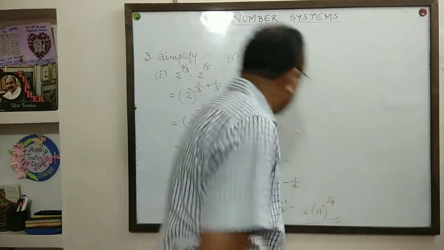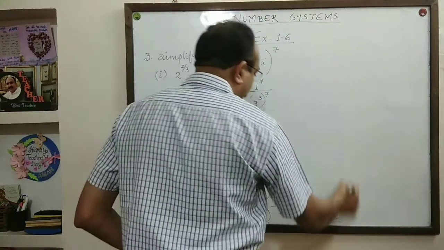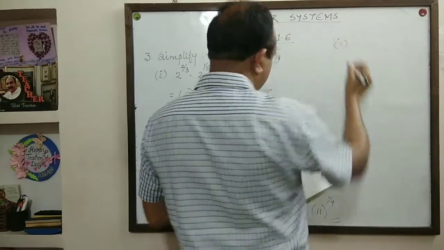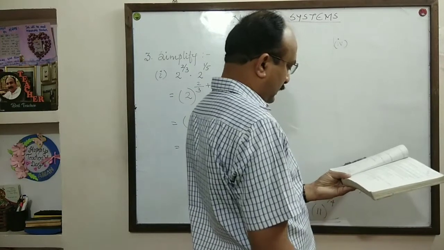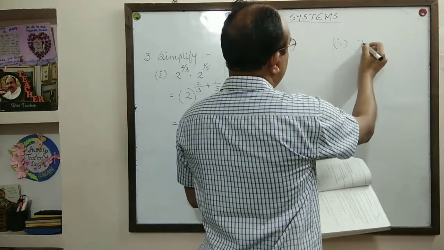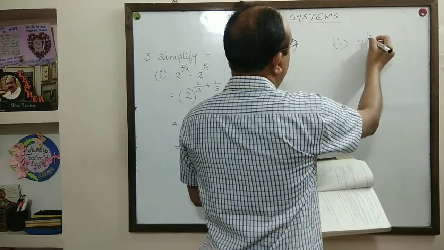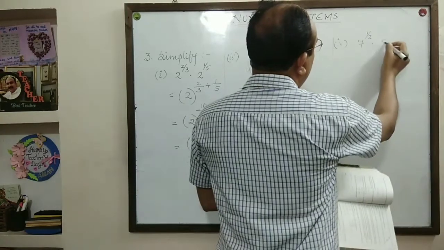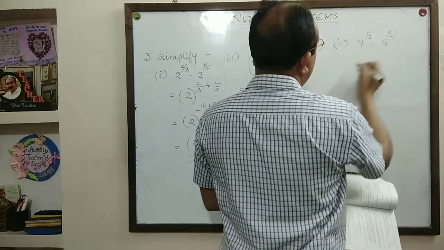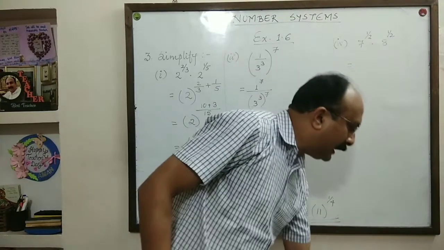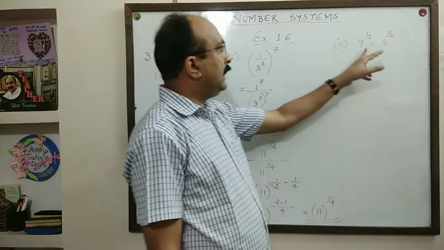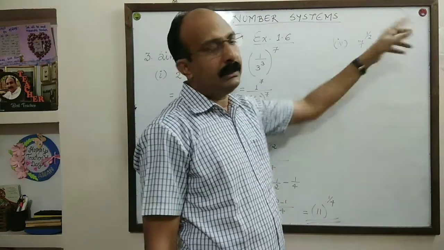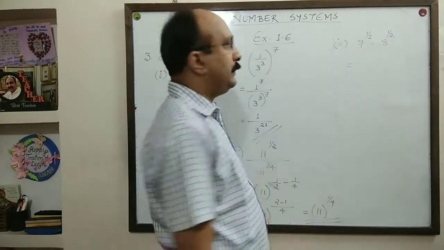Now the last question. Fourth question is 7 power 1 upon 2 into 8 power 1 upon 2. We have studied the last law of exponent, a power p into b power p, answer: a into b the whole power p.